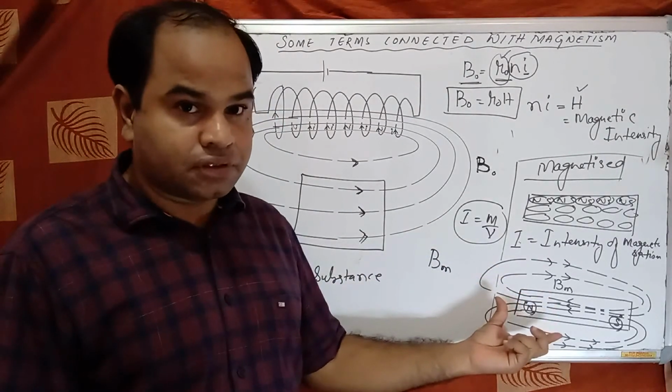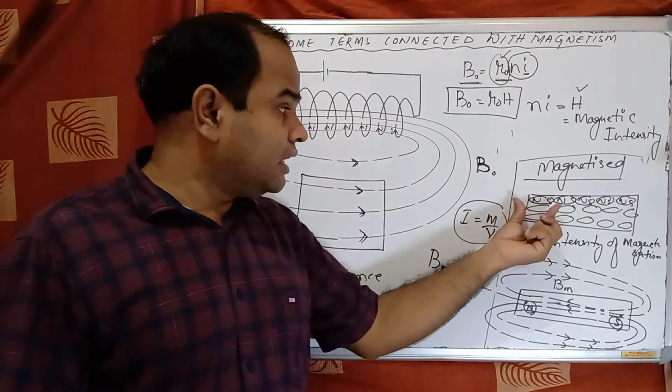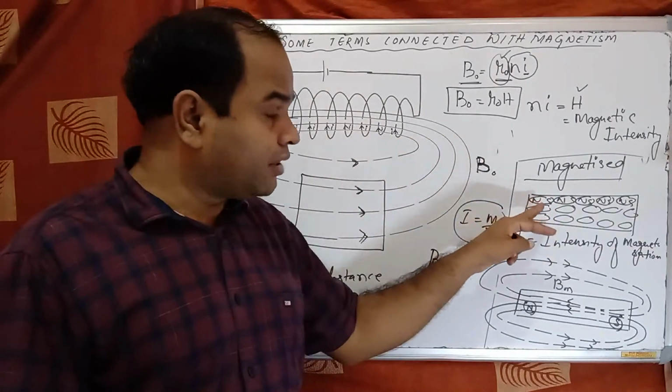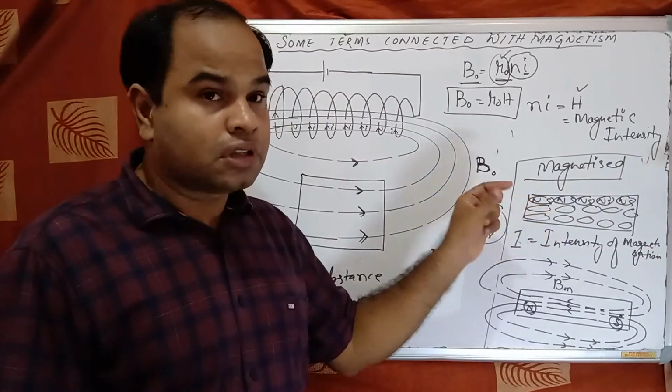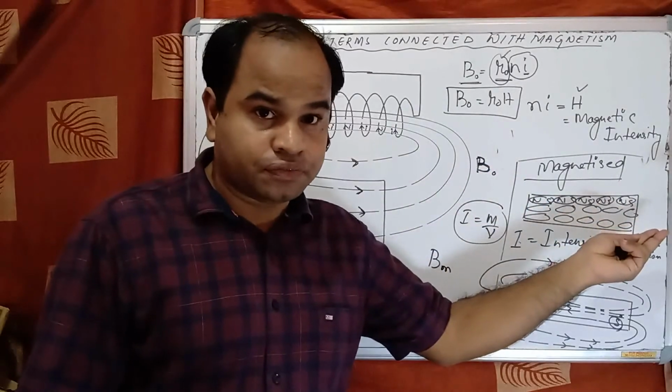The magnetic substance's field strength is due to the magnetized dipoles aligned in a particular direction.